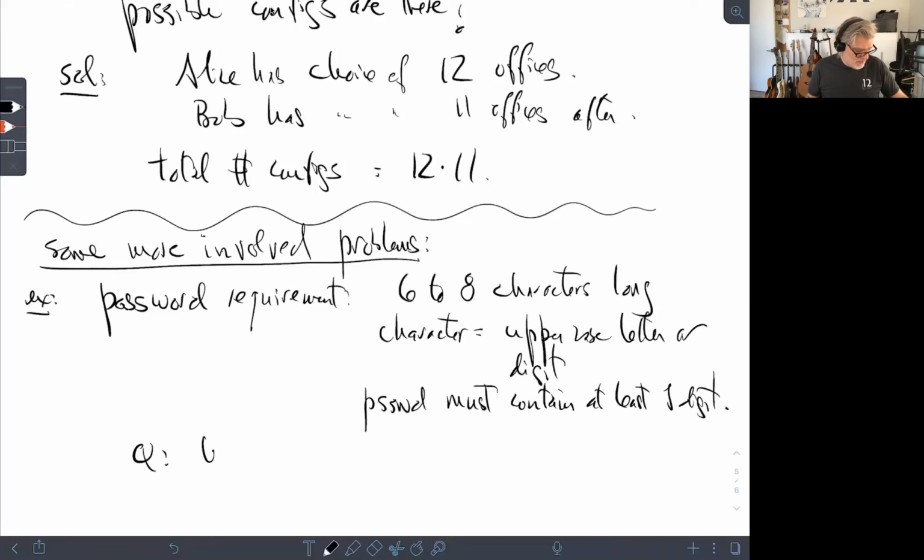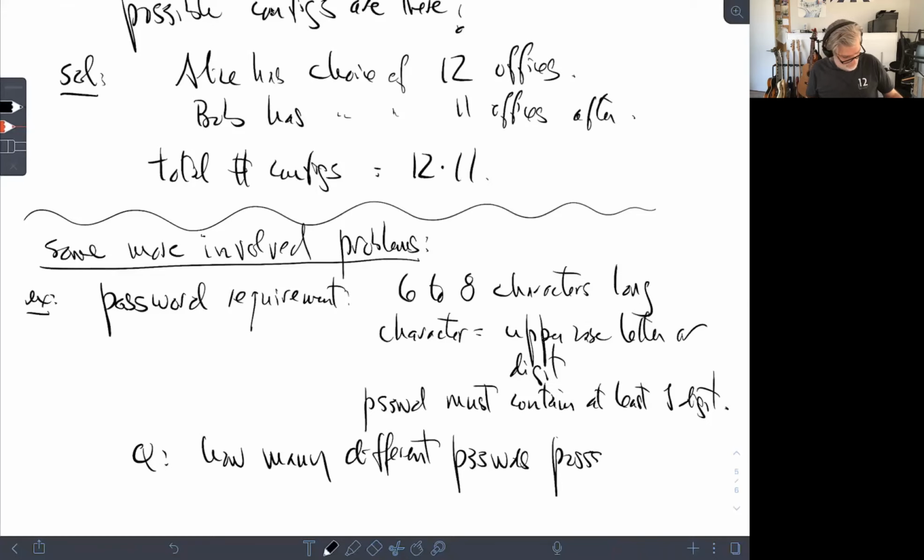Question: how many different passwords are possible? Okay, so the passwords are 6 to 8 characters long. A character is an uppercase letter or a digit, but the password must contain at least one digit.